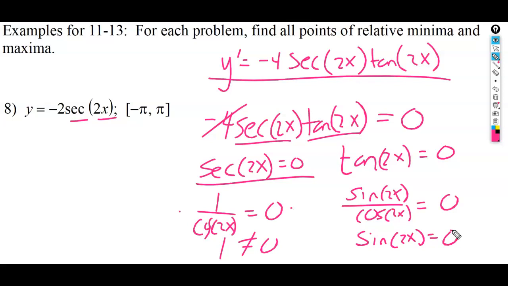Now, where does sine equal 0? Sine equals 0 anytime the angle inside is equal to 0 or pi. So that means that 2x can equal 0 or 2x can equal pi, and we just solve both of these.